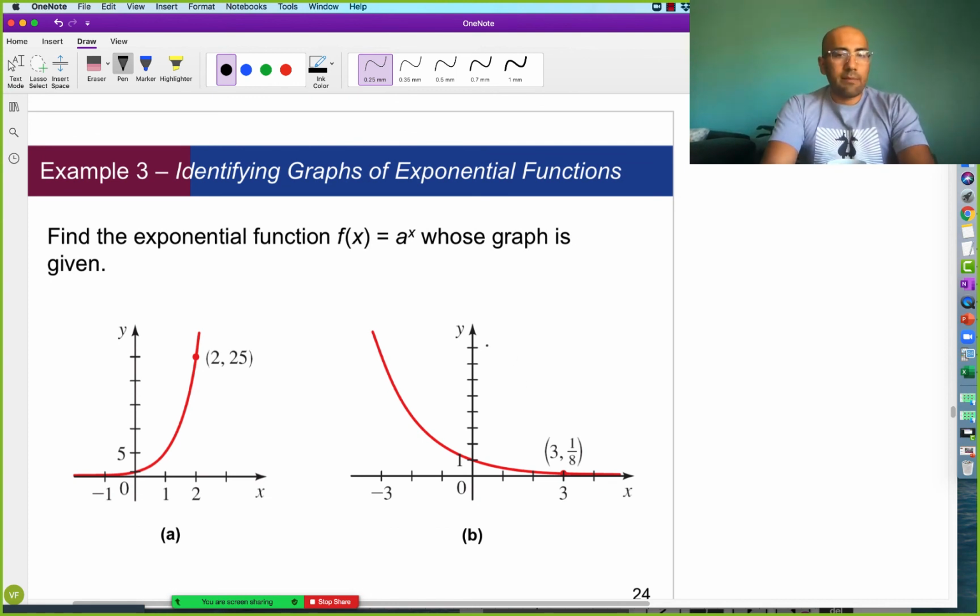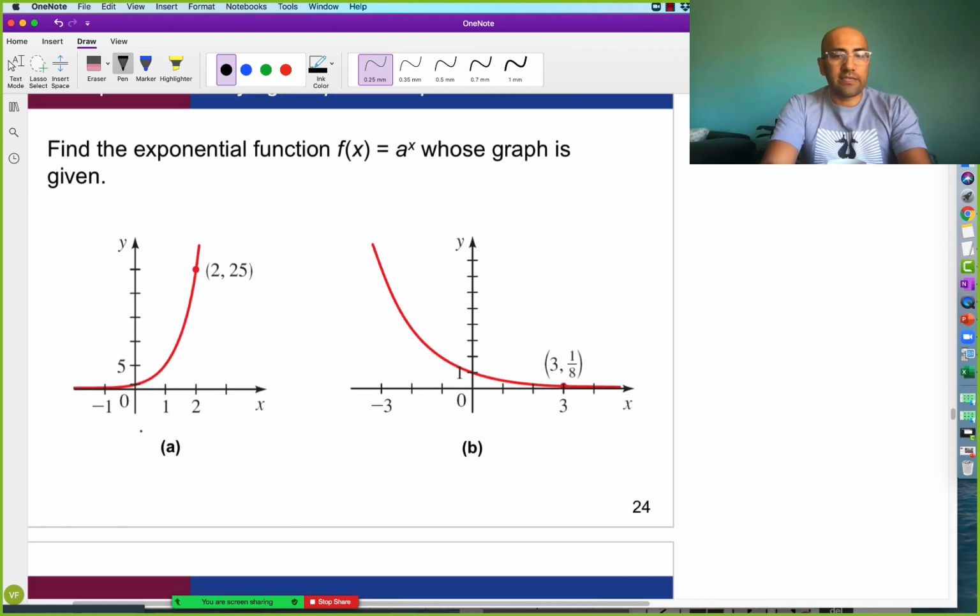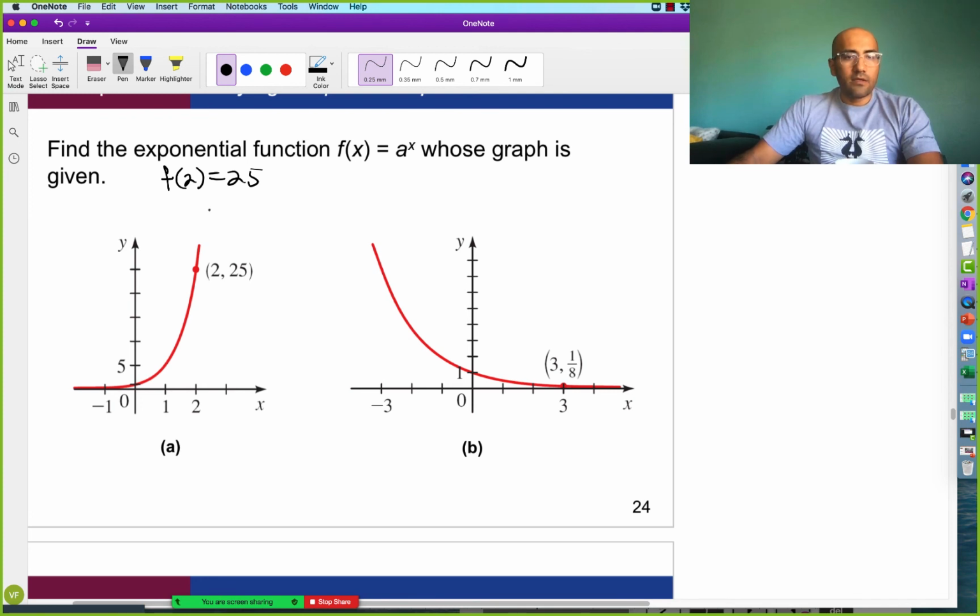Okay, so let's say, for example, we wanted to find the exponential functions of the form a to the x power for these guys. If this was all that's given. Well, from here we can tell that whatever this is, it must be something of this form, and we can tell that f of 2 leads to 25. So that means that some number being squared equals 25. We can take the square root of both sides and see that this is plus or minus root 25, which means that this is equal to plus or minus 5.